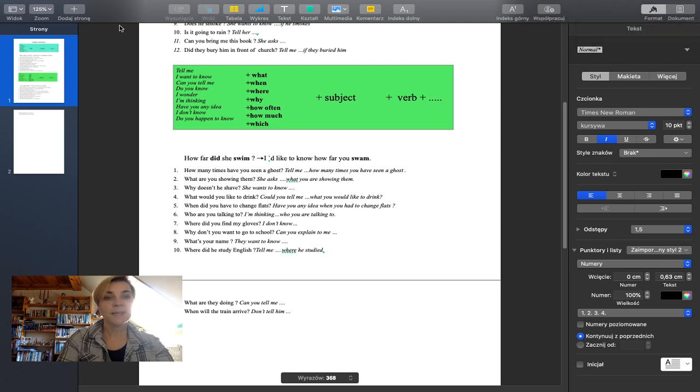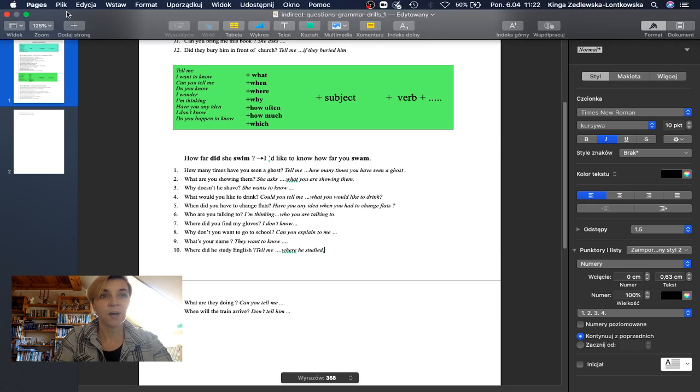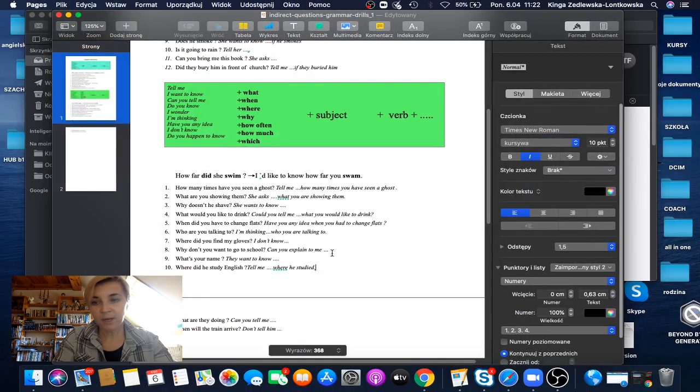All right, so here we had some examples. Of course, I wanted to tell you that this worksheet will be attached to the message that you will get today on your Librus. And now we are going to do a couple more exercises together.